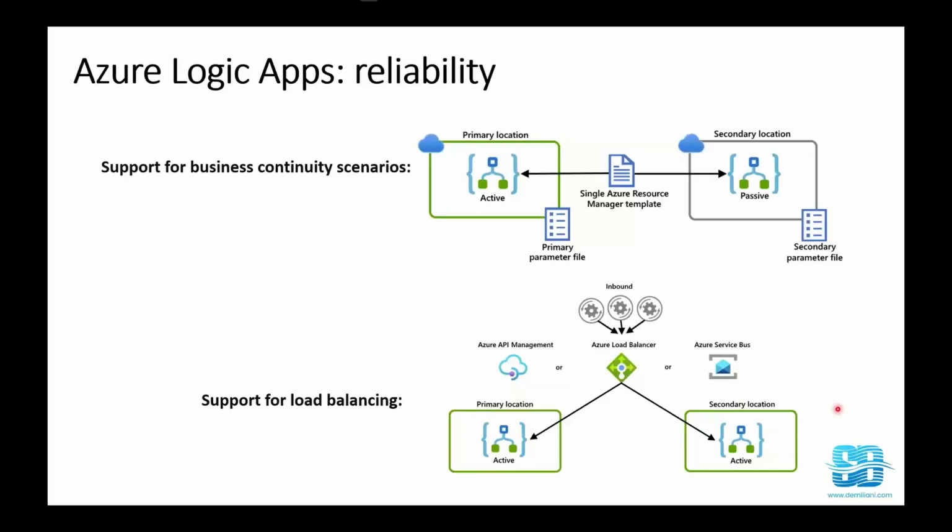So you can have these two plus that you don't have in Power Automate. The first is business continuity, because you can deploy your workflow in multiple instances, and if an instance is down, another is up. And also you can load balance data across requests, across instances of flows.